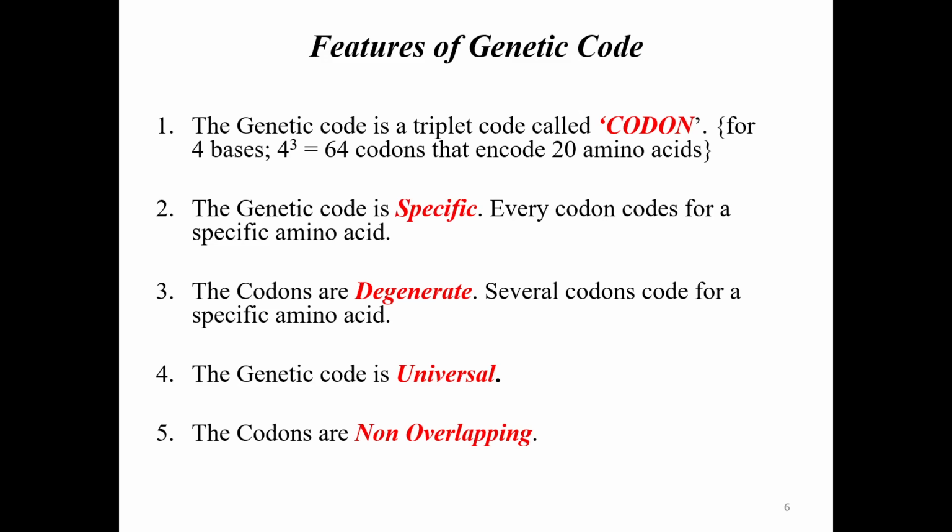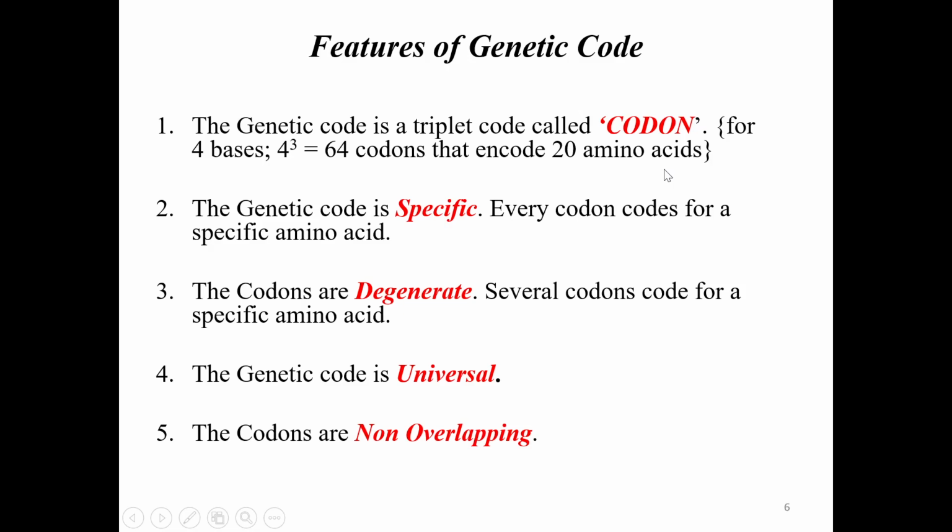So, what are the general features of this genetic code now? This genetic code is a triplet language. So, genetic code is a triplet code. What do you call it? A codon. See, for 4 bases, you have learnt in your previous sessions, 4 to the power of 3 gives 64 codons that encode 20 amino acids. So, this simple mathematics you should know.